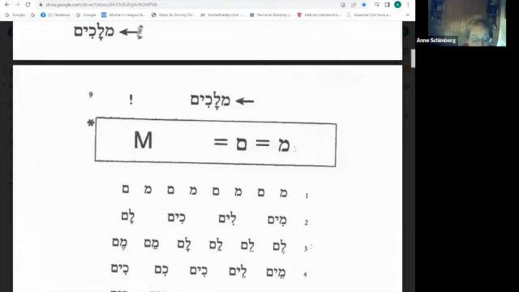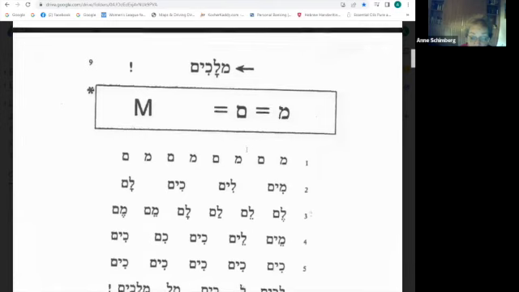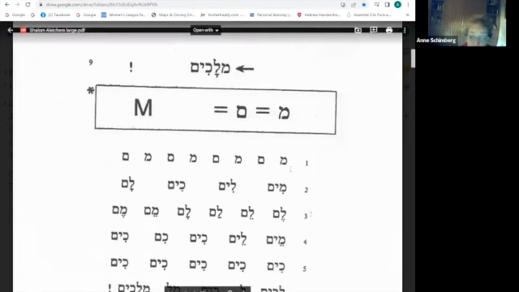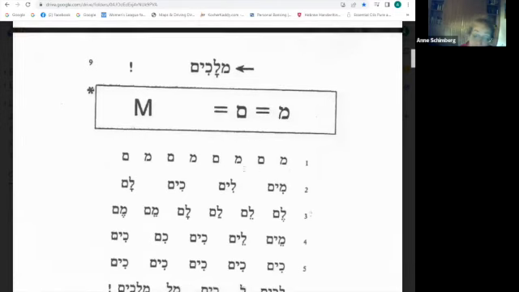It just comes at the end of a word, always. It'll never come in the beginning or the middle, ever.